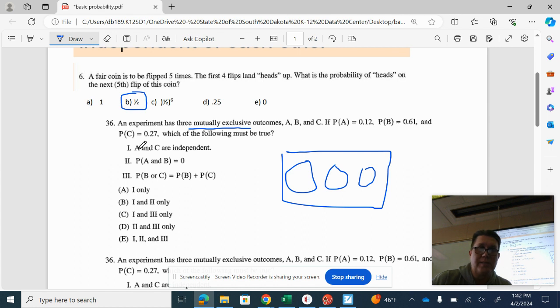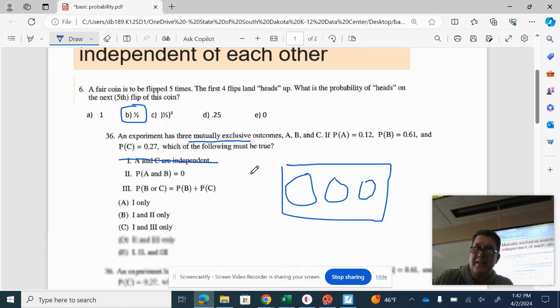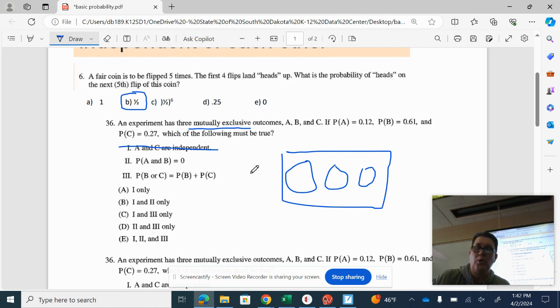So number 1 says A and C are independent. That cannot be true, because if one happens, the other one's probability goes to 0 if they're mutually exclusive. Mutually exclusive events are not independent events. They cannot be both mutually exclusive and independent.